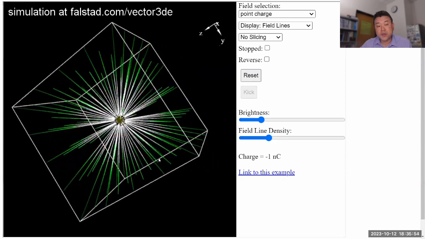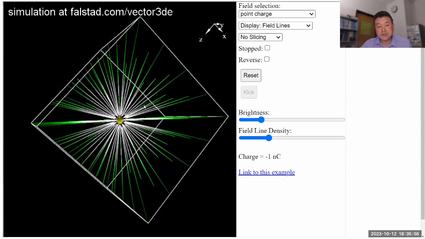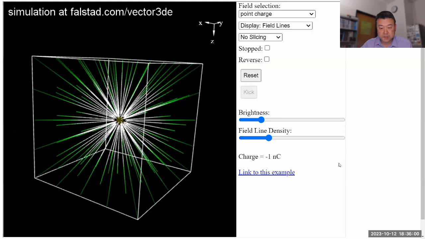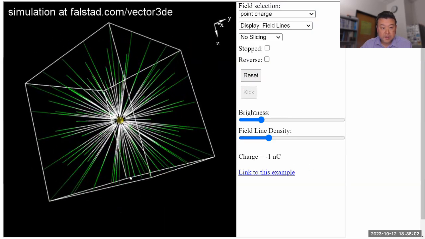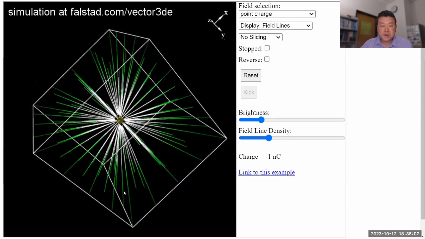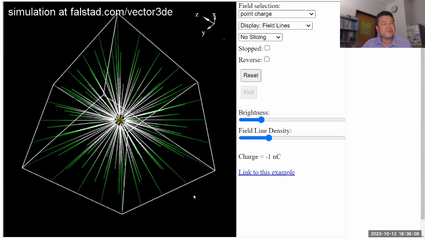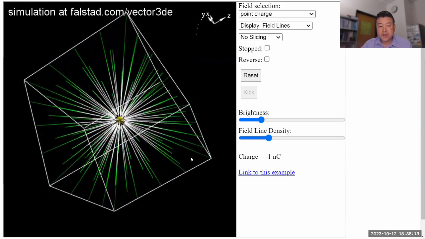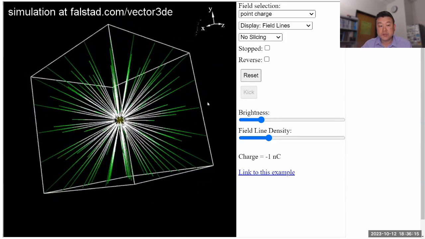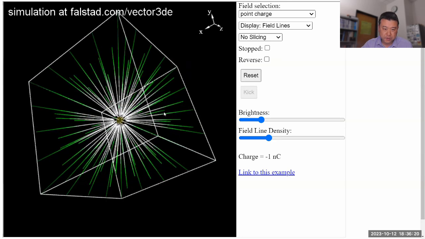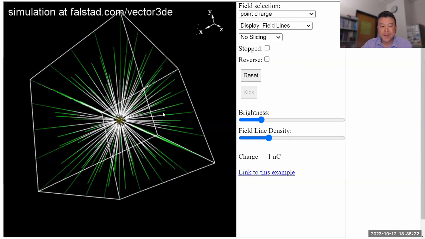You can get a sense of how these lines are arranged as you take it and rotate it around. I hope you get a sense that these lines are isotropically oriented, in the sense that as I grab this view and rotate it around, there are some views where lines line up in such a way that you see gaps through it, but that's just a quirk of how it's drawn.